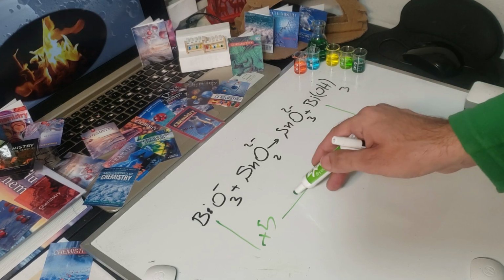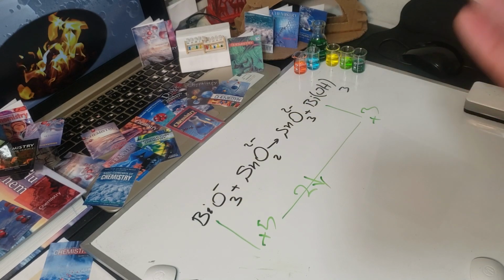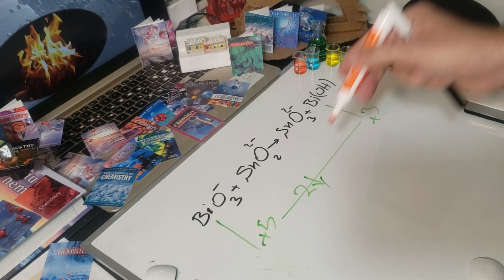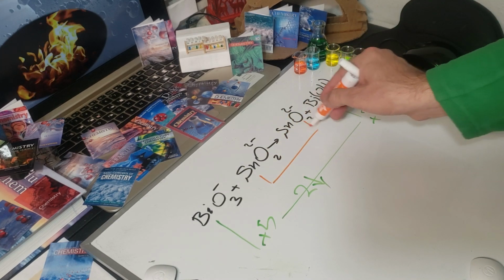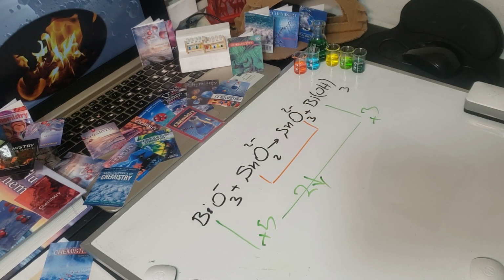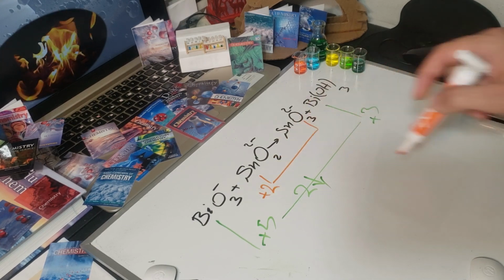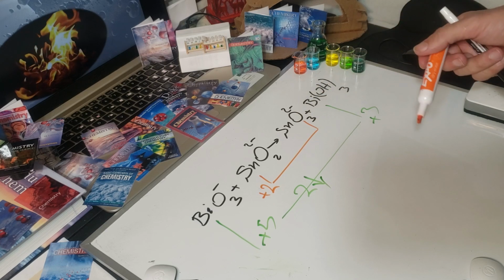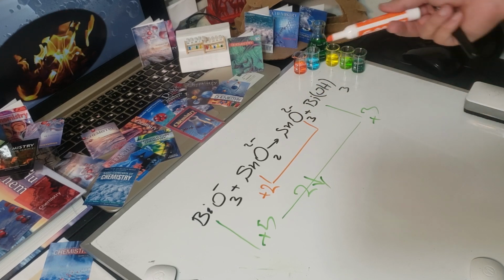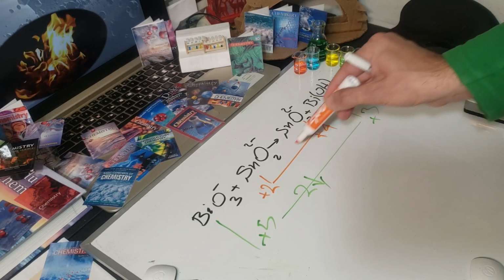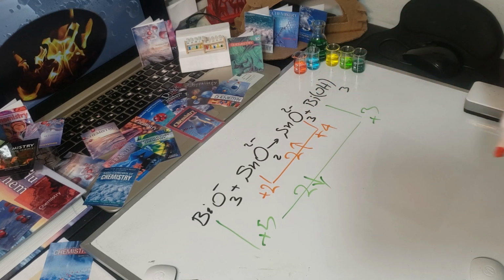So it goes from 5 to 3, a drop of 2. For Sn, minus 4 is minus 2, so Sn is +2.